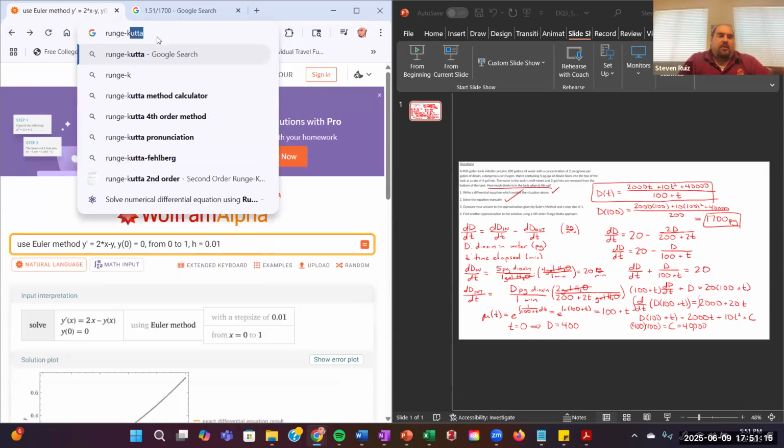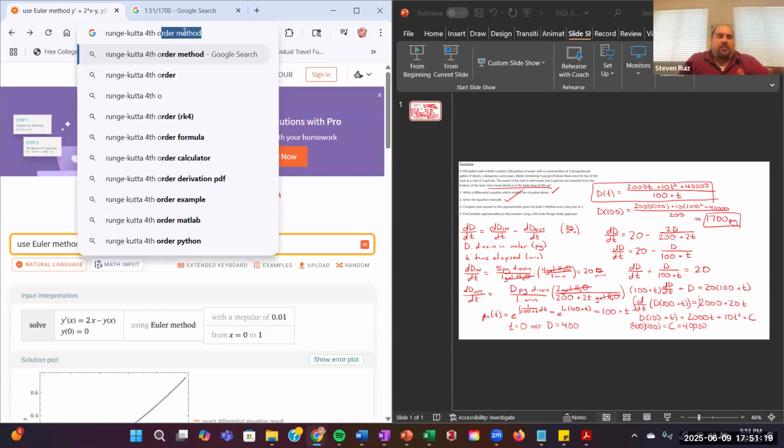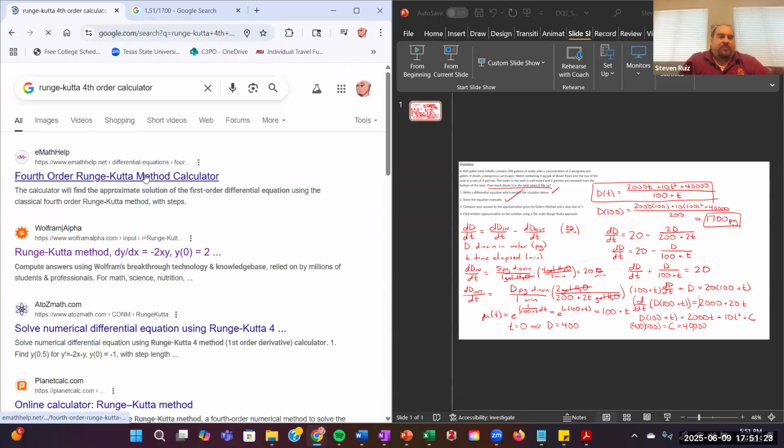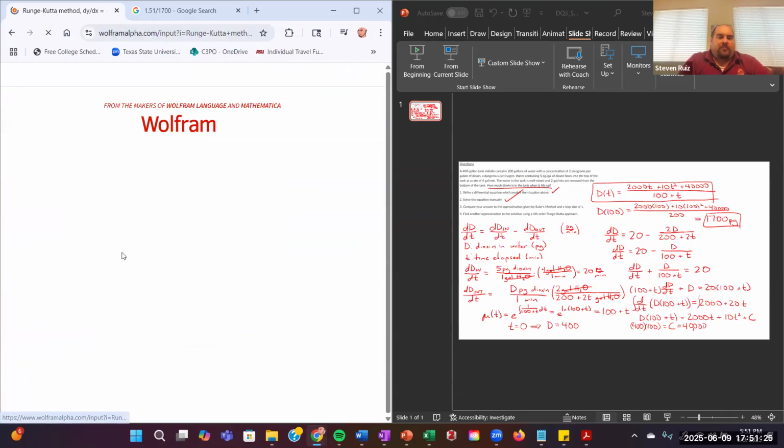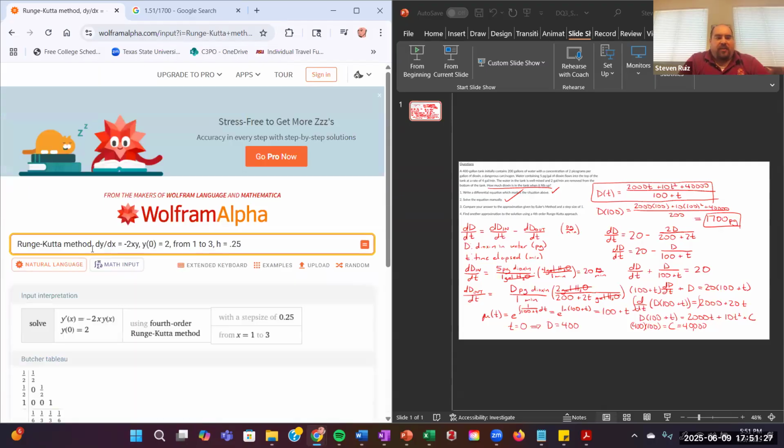The other approach that I asked you to approximate was Runge-Kutta 4, the Runge-Kutta fourth order method. So, fourth order calculator. Wolfram Alpha again, good.